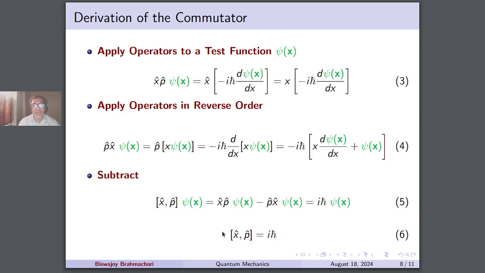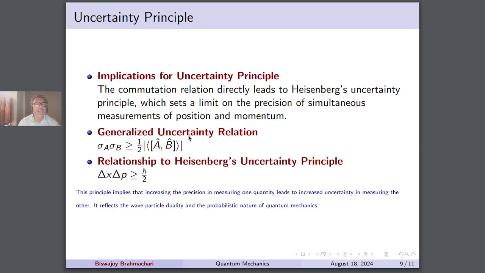This is very fundamental in quantum mechanics. How is it very fundamental? So let us apply the generalized uncertainty relation: sigma A sigma B greater than or equal to half the magnitude of the expectation value of the commutator of A and B. So if we put in the commutator of x and p, it is just iħ. So the expectation value is iħ and its magnitude is ħ.